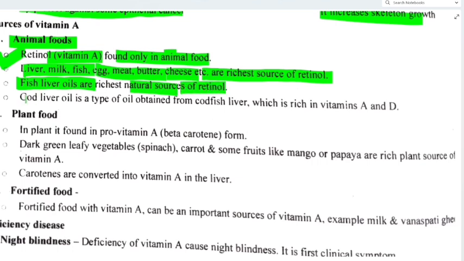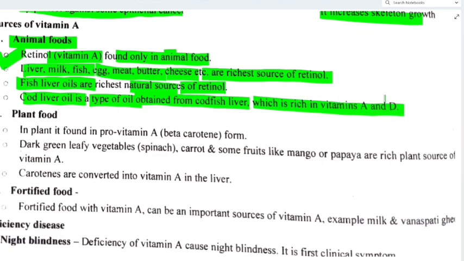If you have seen, some vegetarians also take fish liver oils, especially those going to the gym. They take fish liver oils for vitamin A. Now cod liver oil is a type of oil obtained from codfish liver which is rich in vitamins A and D. So in animal foods, retinol is found only in animal food, that is liver, milk, fish, egg, meat, butter, cheese, etc. These are the richest sources of retinol.